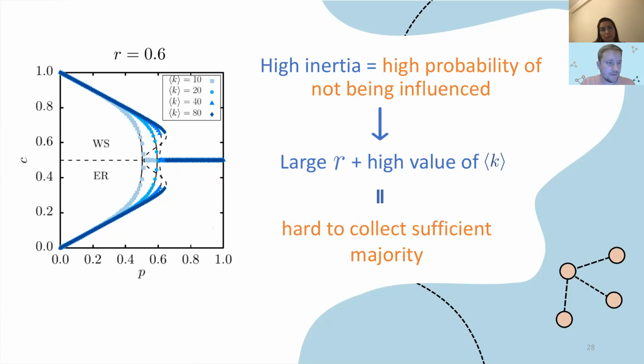So I need to have a big neighborhood. But also this large threshold, these two values connected with each other give me the situation in which it is very hard to collect a sufficient majority, some group of agents with the same opinion, to affect my other agents. So the probability of not being influenced by my neighborhood is really high.